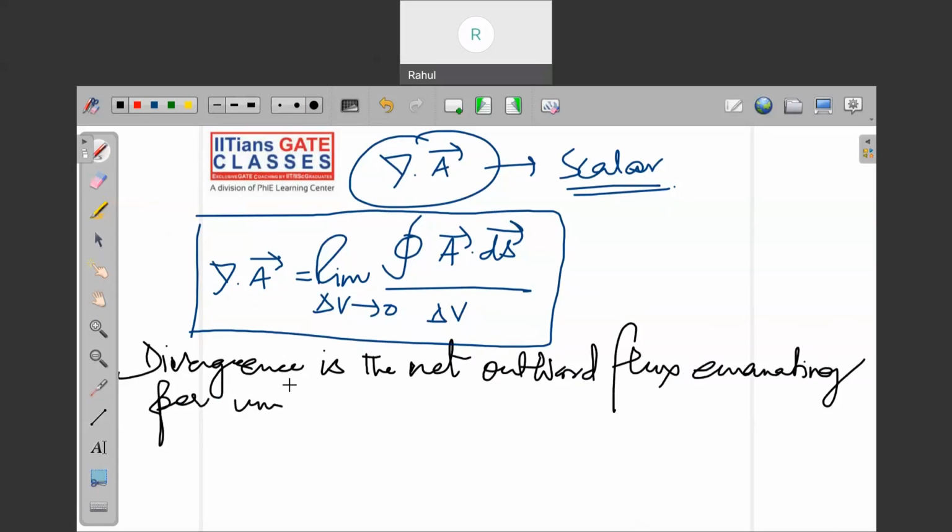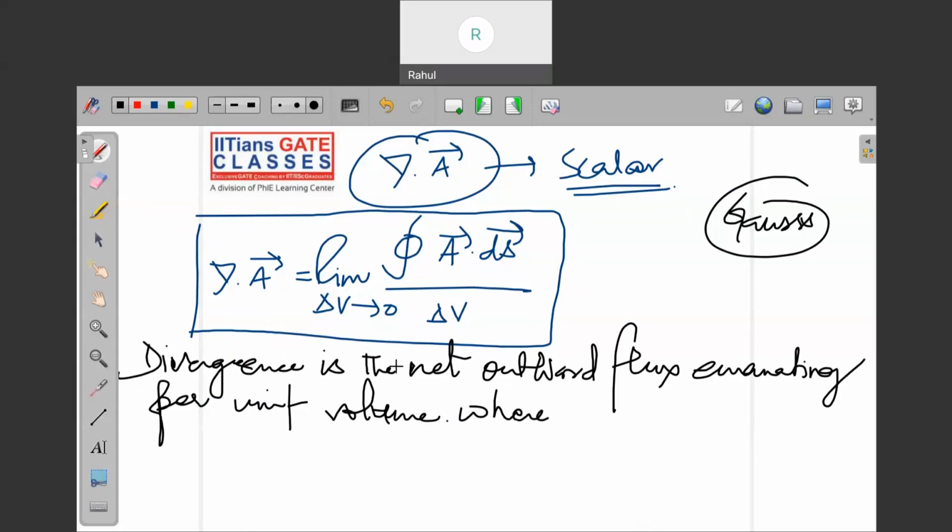If you understand these concepts, Gauss law and all, in case of Gauss law we will use the divergence theorem, so you will understand all those concepts, and the flux will come across there. So divergence is the net outward flux emanating per unit volume, where the volume shrinks to a point, or the volume is made to zero.